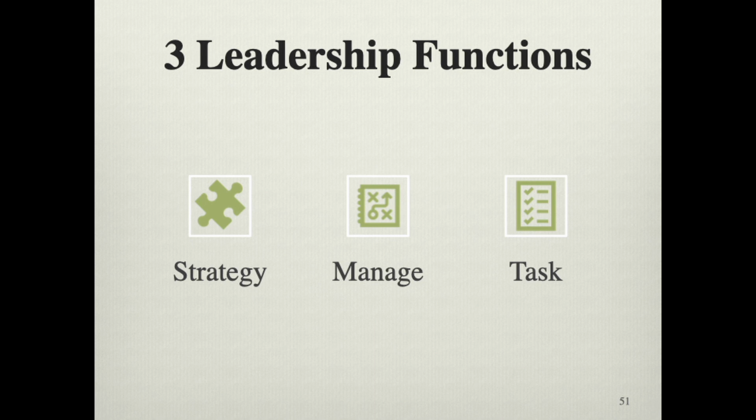The strategic function is all about future direction and large priorities, asking the question, where has God positioned us today, and what is God leading this church to do in the next several years of this ministry? What is this church going to look like in 3 to 5 years?